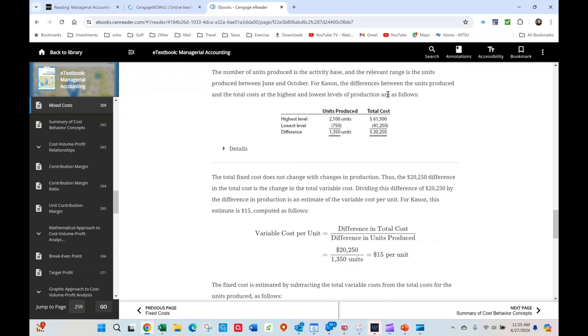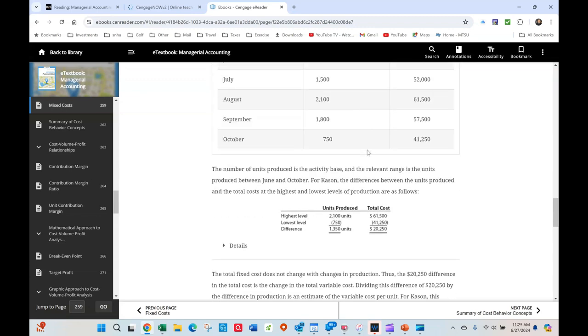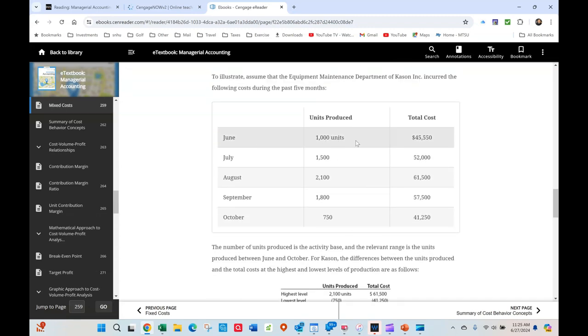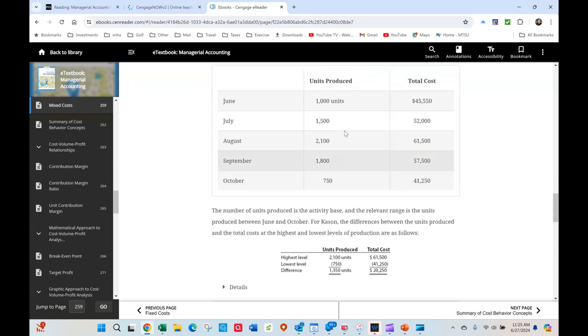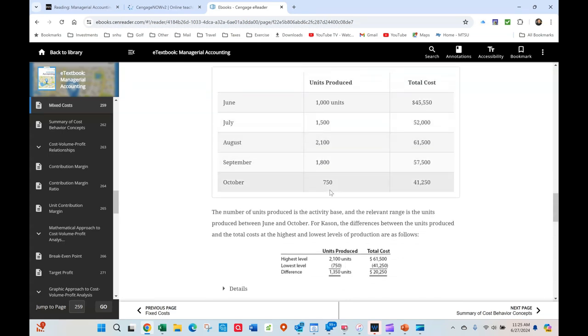So here's a way to determine what your variable costs are. Basically, you look at, all right, if we did 1,000 units, our total cost was X, at 1,500, X, and you're going to take your highest and lowest. So your highest was 2,100 and your lowest was 750. What's the difference in the cost from going from 750 to 2,100?